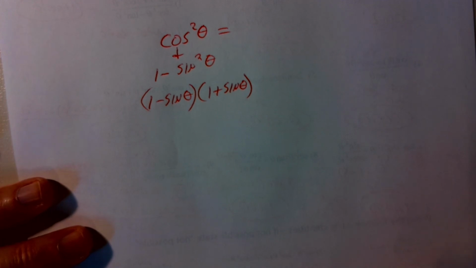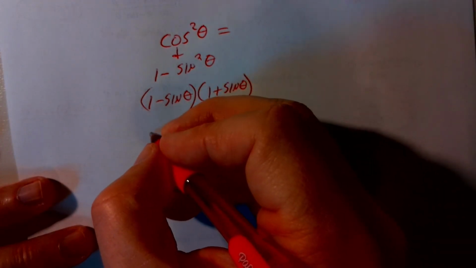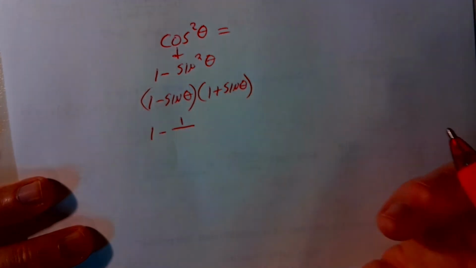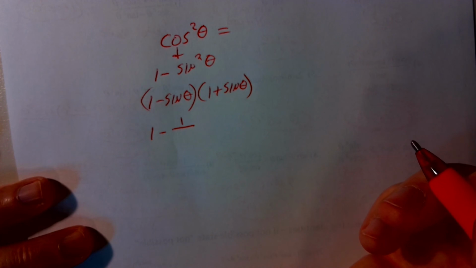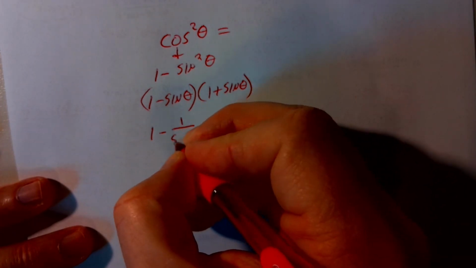That's true. And then I could rewrite this as 1 minus 1 over, and if I move sine theta downstairs, tell me everybody now, what is it going to equal? Sine theta downstairs, awesome. Cosecant theta.